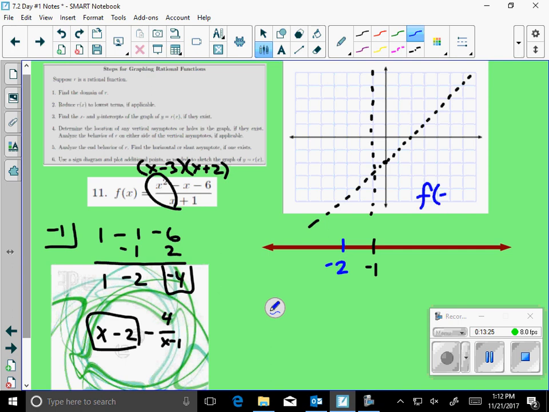F of -2 would equal -2 minus 3, so that's -5, and -2, that'd be a 0, over -2 plus 1, which would be -1. So we get 0 over 1. That'd be a 0 value, right? We okay?